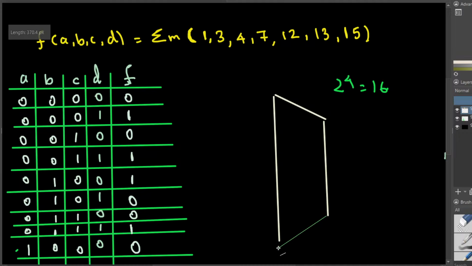Okay, here we have an 8 by 1 mux. In this one we are going to have 8 inputs, 1 output. 1, 2, 3, 4, 5, 6, 7, 8.